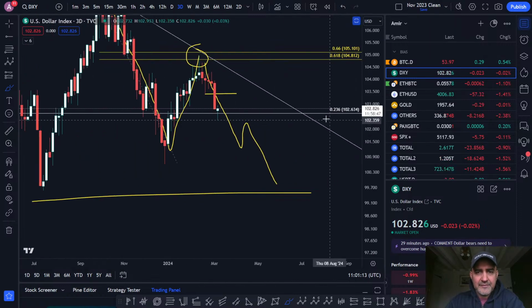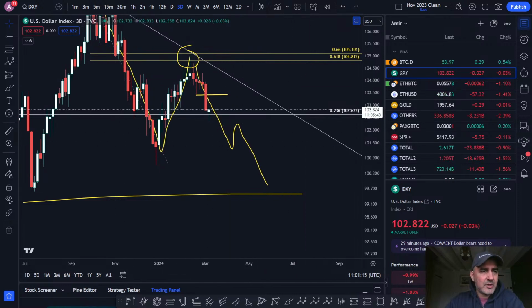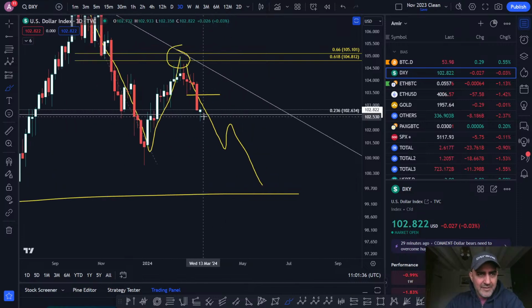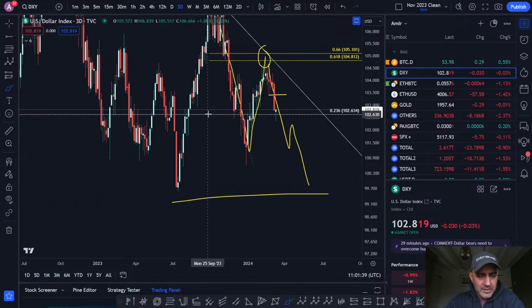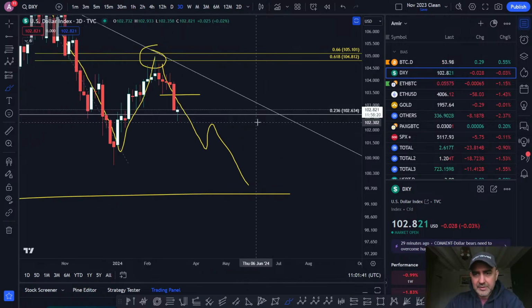And effectively what we need for Bitcoin to go up, for all of crypto to go up, is we need to lose this 236 and flip it into resistance to go down, which is what I'm contemplating. At the moment, we haven't flipped this higher time frame level into resistance yet. Okay, it's something to consider.